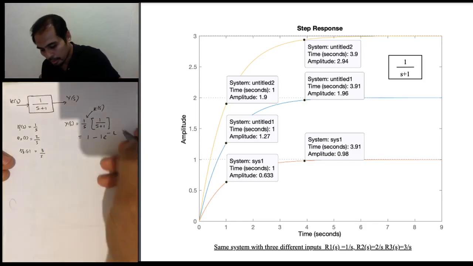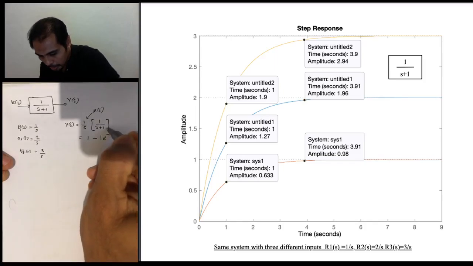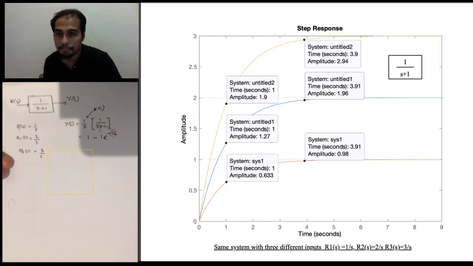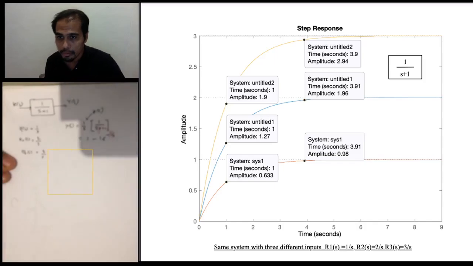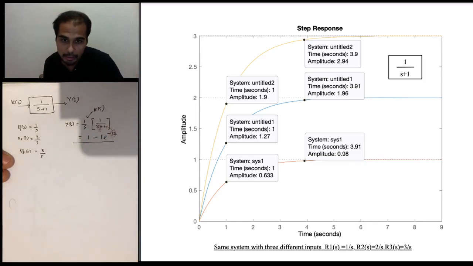You see there is a minus t, which is 1 times t, and that 1 is actually taken from the 1 over 1 here. This is the red color response.